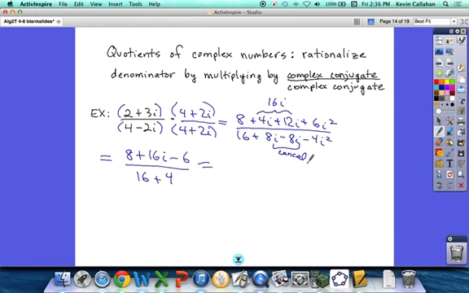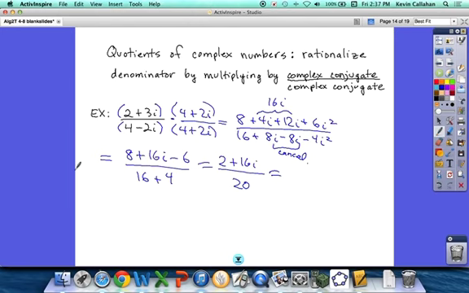And then I substituted negative 1 for the i squareds. And then we can take one more step. 8 minus 6 is going to give us 2 plus 16i divided by 20. And that's not quite in the a plus bi form.